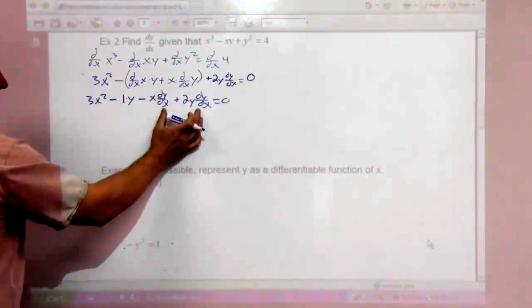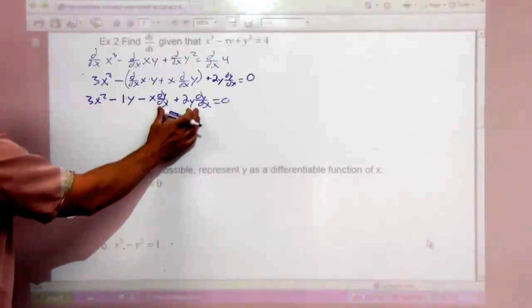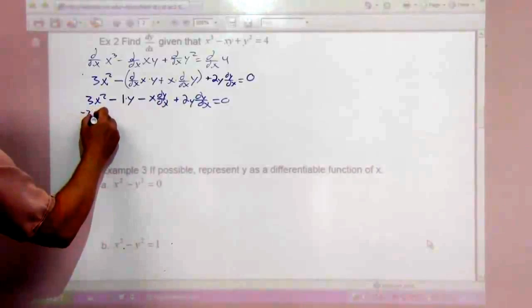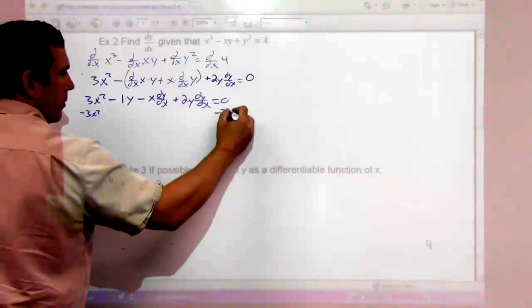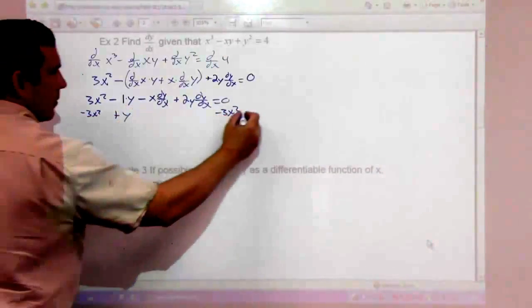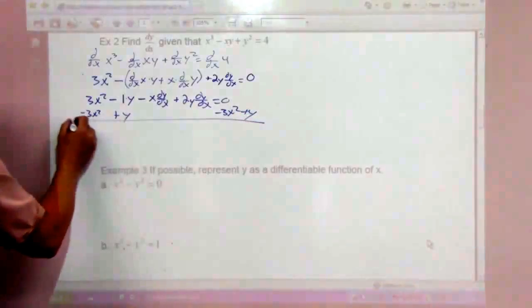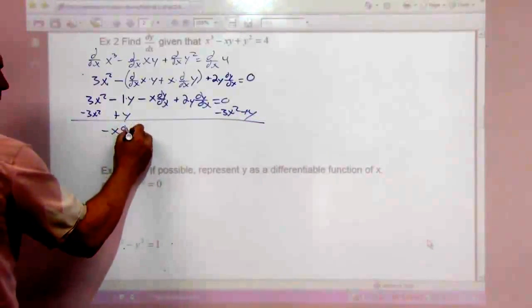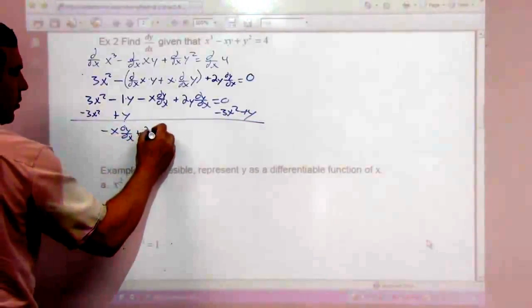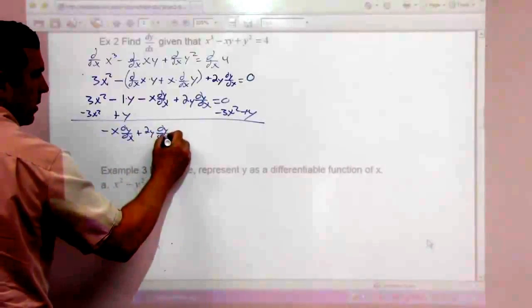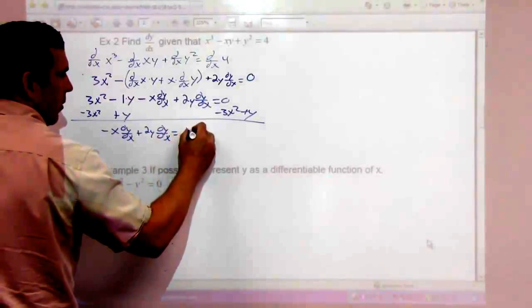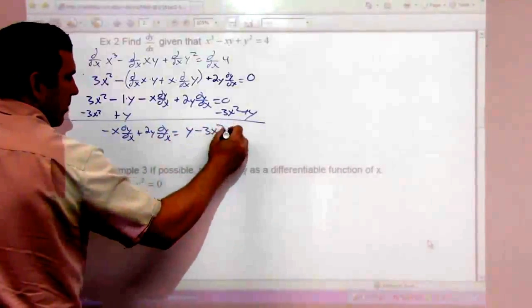Now these terms have a dy dx. They're going to stay here on the left side. I'll move the 3x squared. I'll move the negative y. And we have negative x dy dx plus 2y dy dx equals, I'll do y minus 3x squared.